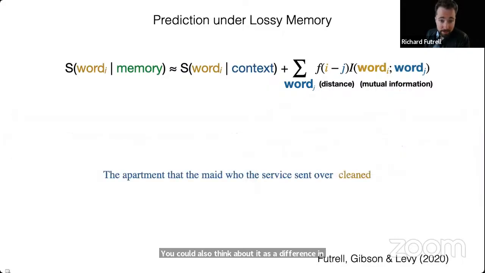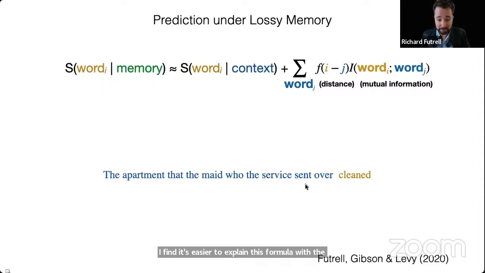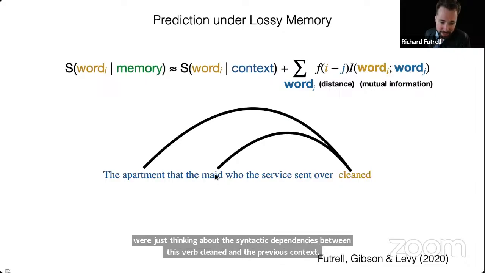I find it's easier to explain this formula with the example. So let's think about the apartment that the maid or the service sent over cleaned. In the world of dependency locality, we were just thinking about the syntactic dependencies between this verb cleaned and the previous context. So the apartment is important, the maid is important for predicting this word cleaned.